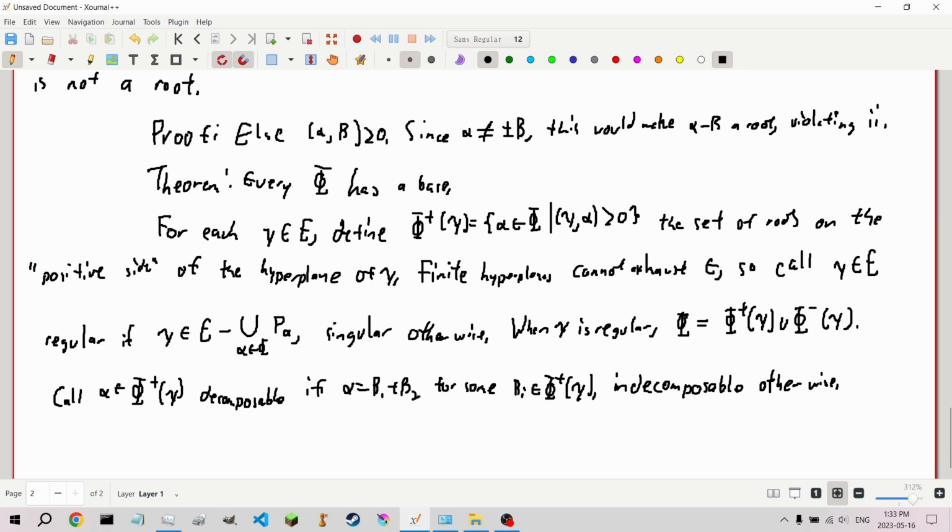Thus, we have an equivalent to our theorem, which we call theorem prime.